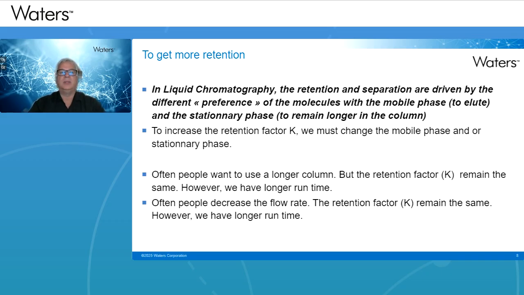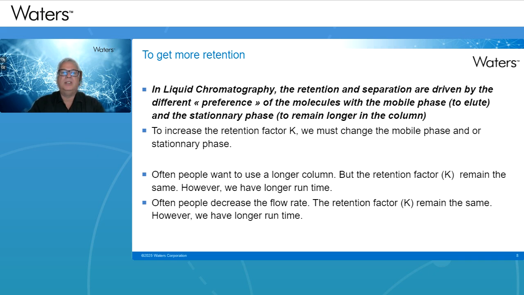Okay, that's very simple. Now, to increase the retention factor, we must change the mobile phase and or the stationary phase to make the mobile phase weaker for my compound, so it will prefer to stay to the stationary phase, or we make the stationary phase more attractive or more retentive. So that's the only way.